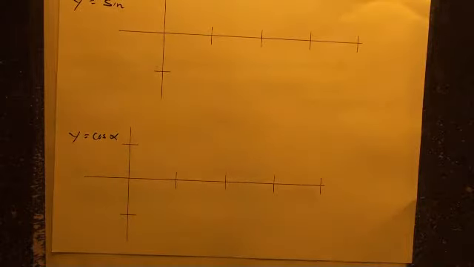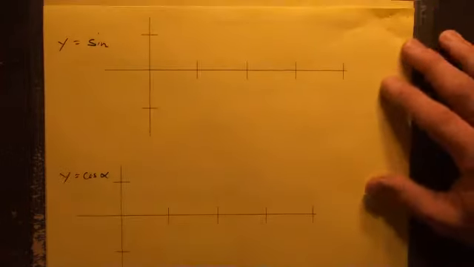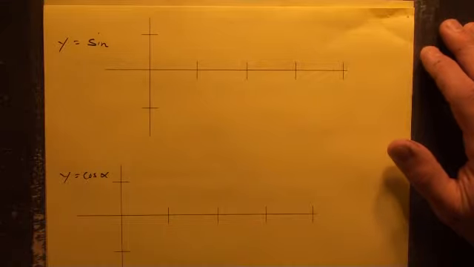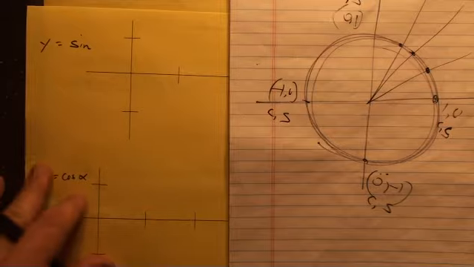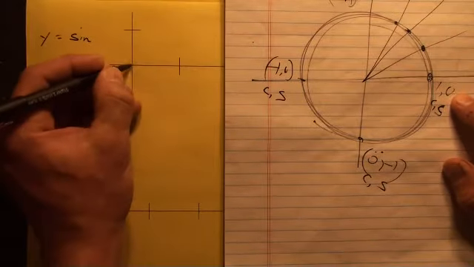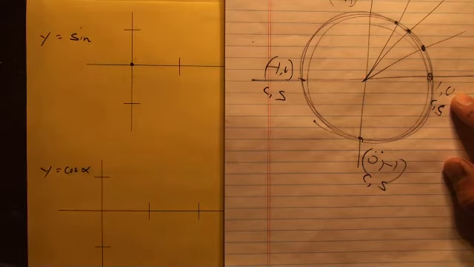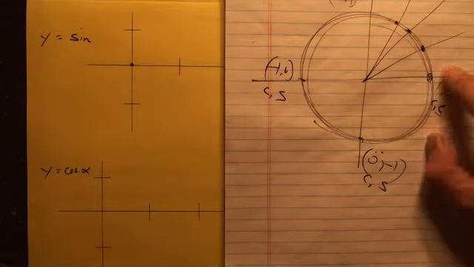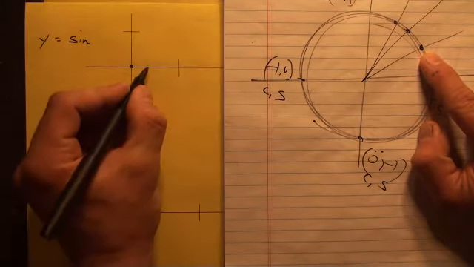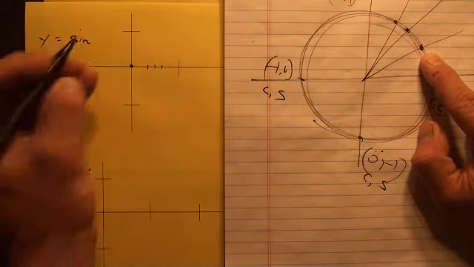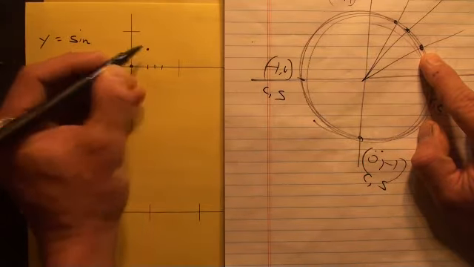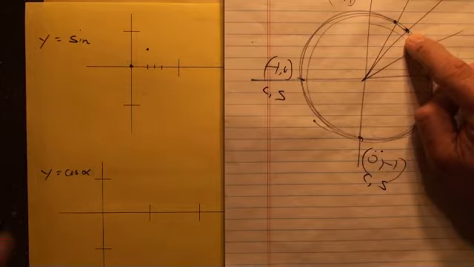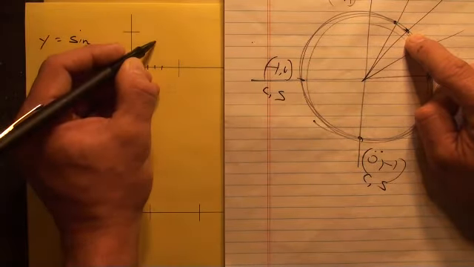What happens here, well, sine, if we were to use our unit circle, let's just take a look at the first quadrant. Sine 0 is 0. Okay? And then sine 30 is half. There's 30, 45, 60. Sine 45 is 0.7.